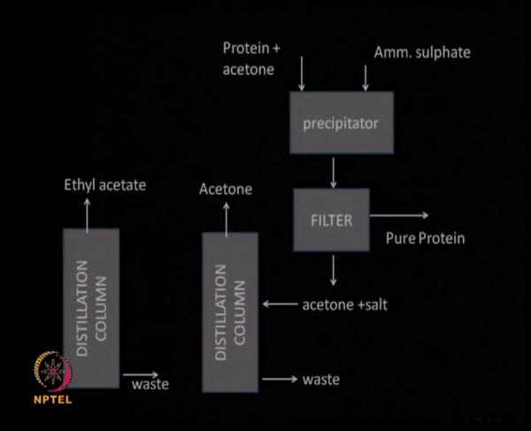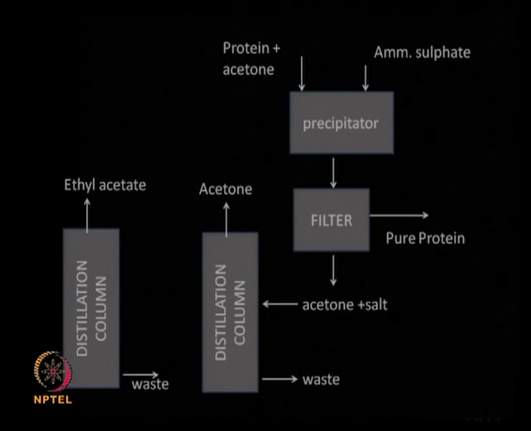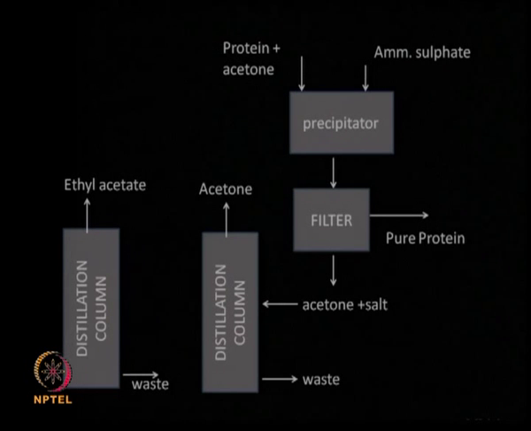So you can make your decision at the end of the complete study, and that is left to you based on several factors which we discussed in the previous 2 or 3 classes, depending upon the ease of operations, the amount of waste generated, the amount of solvents you are going to use, the operating cost, the capital cost, the profit you are going to make, and so on actually.